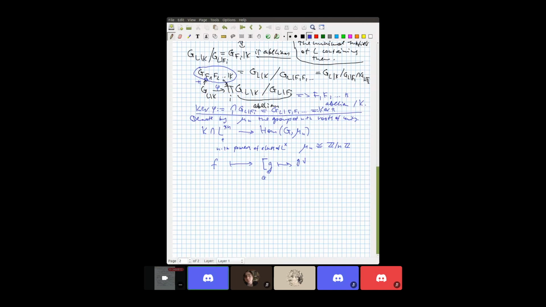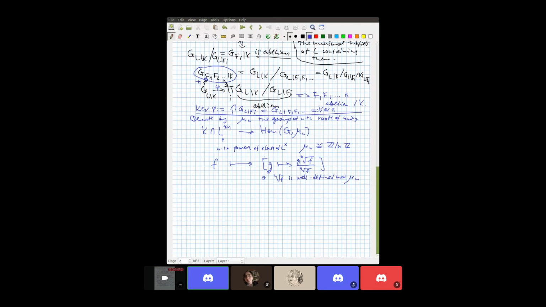So what do we do? We just take an nth root of f. It is well defined modulo a root of unity, mu n, and then divided by the same nth root of f.